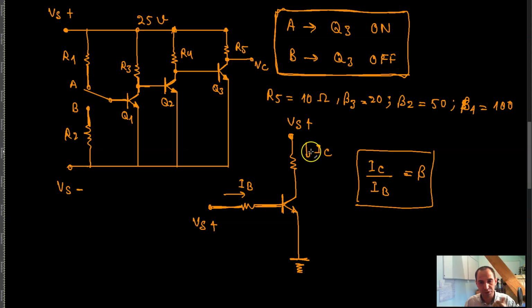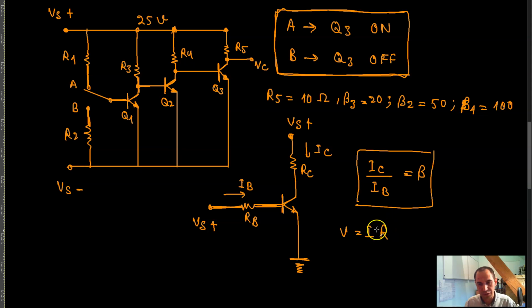Let's call this R of C, for example, and this R of B. Since I have control over this current, if I apply Ohm's law to this resistor over here, V is equal to IR.